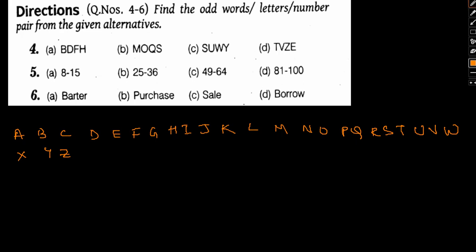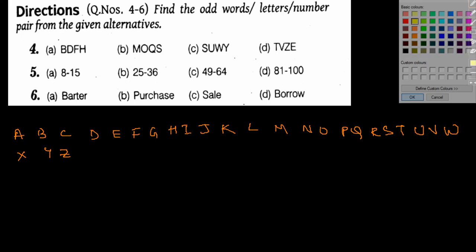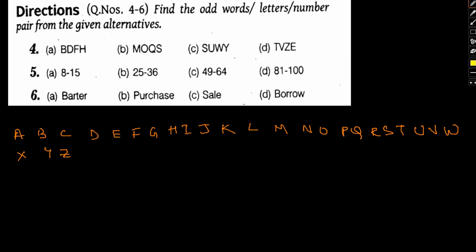Now we'll go one by one. BD: here's B, here's D. So plus 2. D to F, again plus 2, and F to H, plus 2. This is the sort of pattern that we're seeing in the first option.